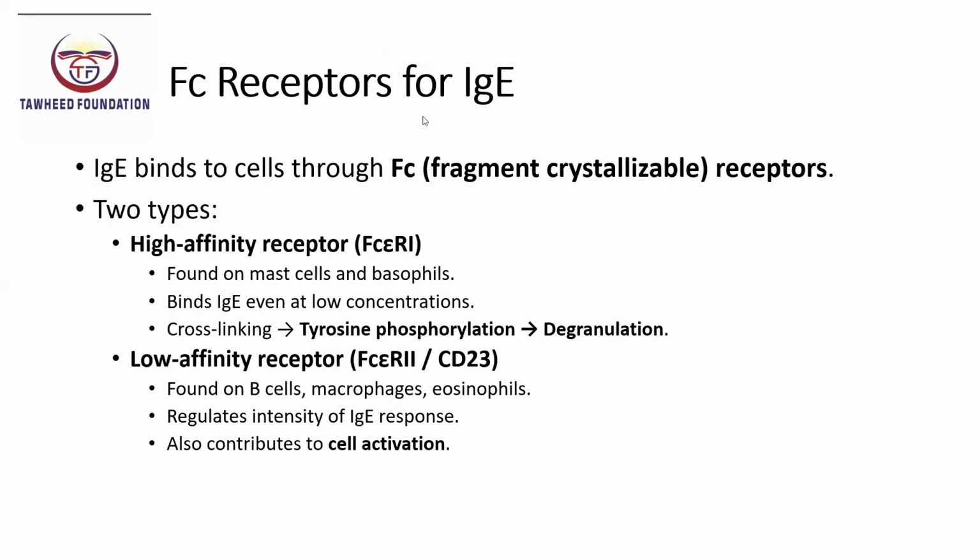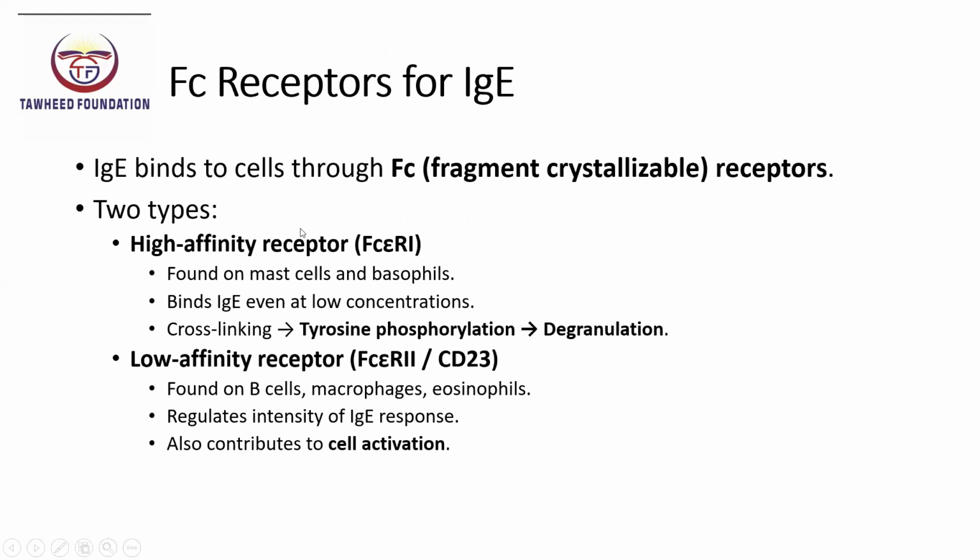Next is Fc receptors for IgE. IgE antibodies bind to cells through Fc receptors. There are two main types. First is high affinity receptors and second is low affinity receptors.